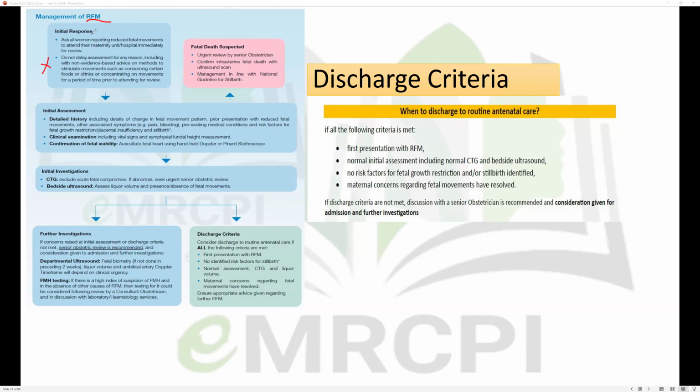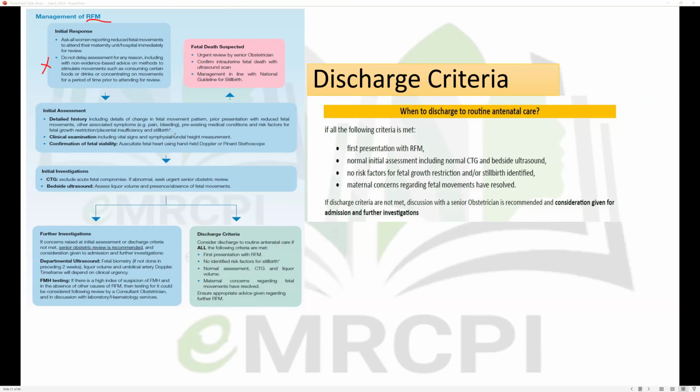Once she has reduced fetal movement, she should come to the triage unit or to the hospital. Initial assessment is by detailed history, okay? Details of the change in the fetal movement pattern, prior presentation if there is any, other associated symptoms like pain, bleeding, pre-existing medical conditions, and risk factors for fetal growth restriction or placental insufficiency and stillbirth.